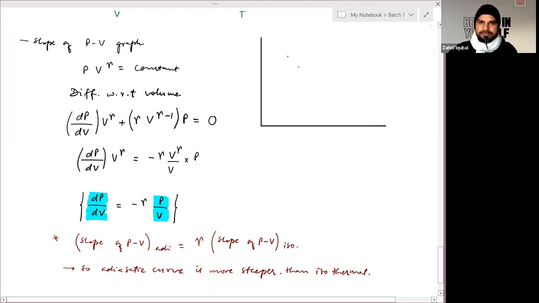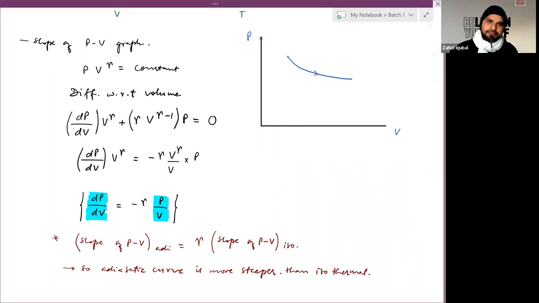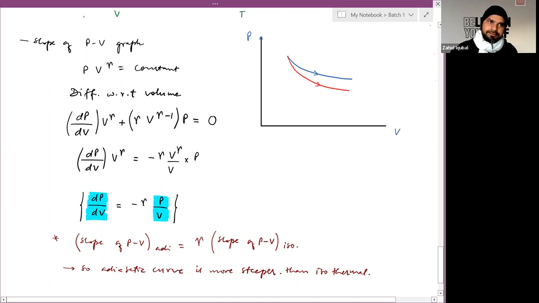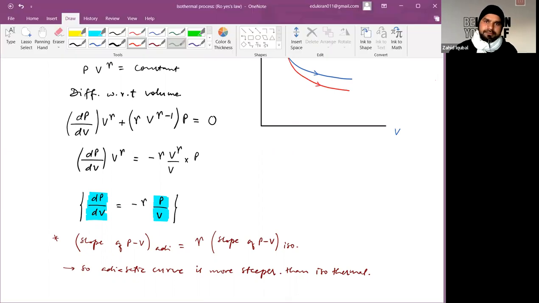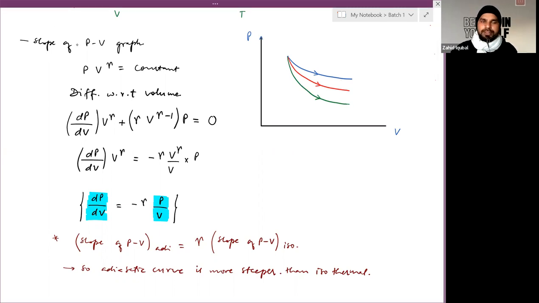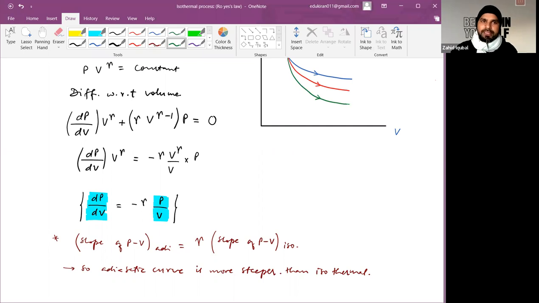Suppose this is the first graph, pressure versus volume, and this is the second one, pressure versus volume. You'll be asked which of these curves is for monatomic, diatomic, triatomic? So how to define it?